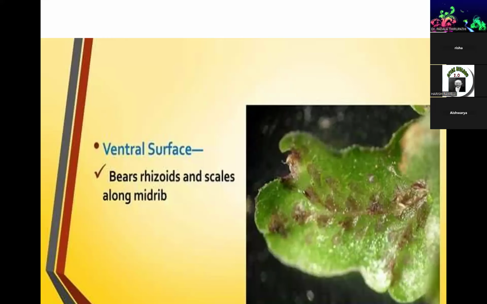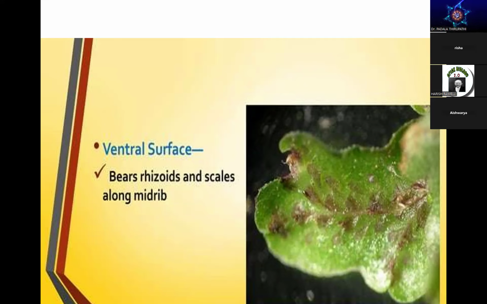Whereas the ventral surface, the lower surface of the thallus, here also you'll find it dichotomously branched, but on the ventral surface you're seeing brownish colored patches in the midrib-like region. The midrib-like region is present on the upper side, and exactly on the lower side you're seeing brownish colored scales.